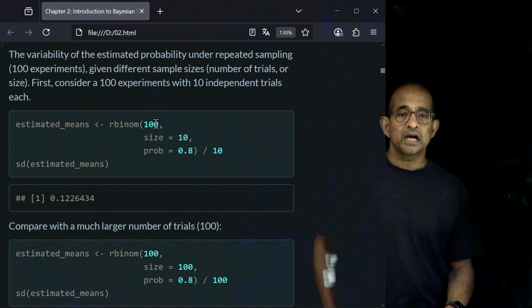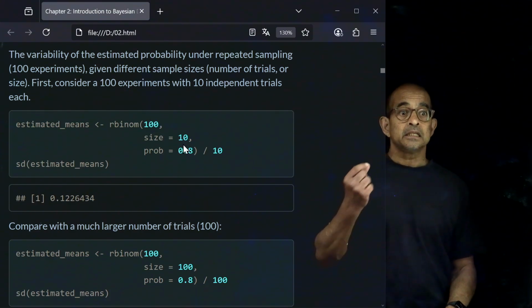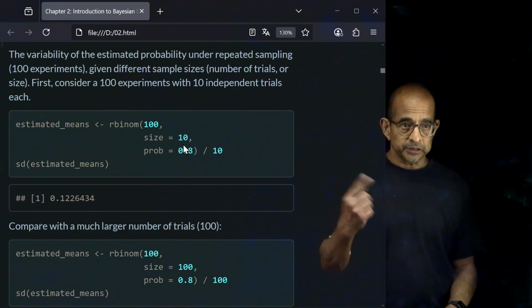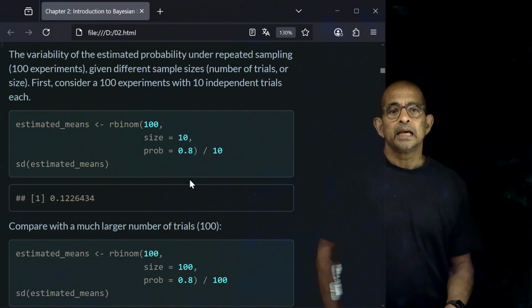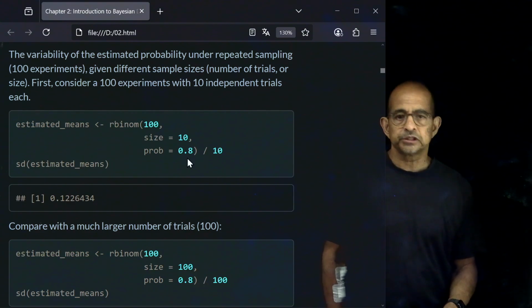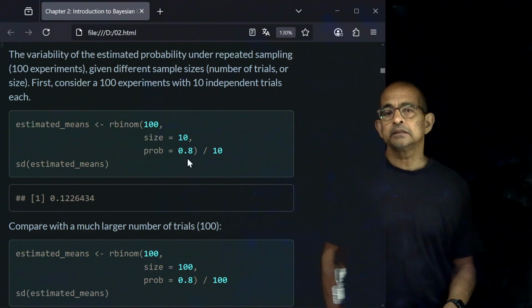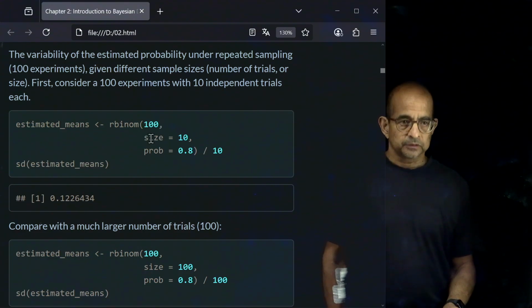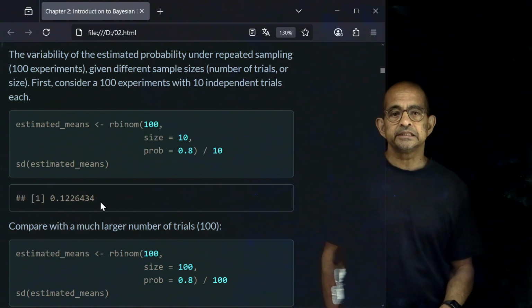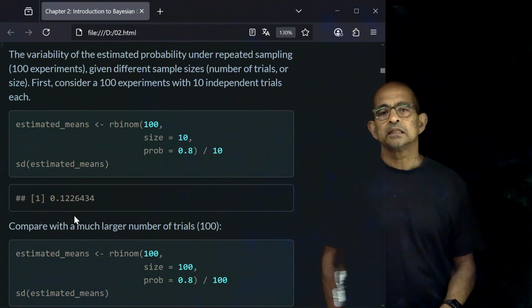That means I've done 100 experiments with 10 subjects each time, and each subject gives me one data point, a 0 or a 1. Let's say the true probability of producing a correct response is actually 0.8. This is just a thought experiment. Under repeated sampling, for 100 experiments, the standard deviation of the maximum likelihood estimates that we would get in each of those 100 samples is this number here.